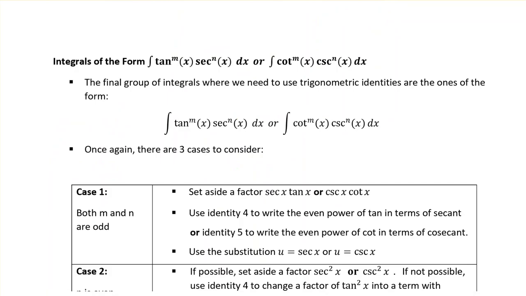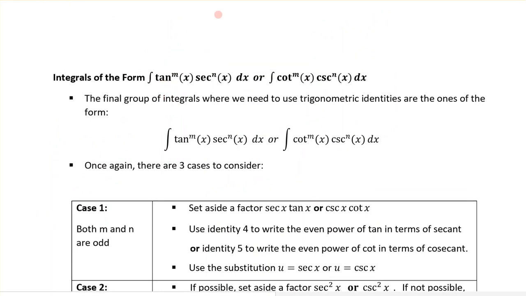Similarly, we have another group of integrals in which we have tangent and secant, or cotangent and cosecant. Since we know that sine squared x plus cosine squared x is equal to 1, if I just divide the whole thing by cosine squared, I get tangent squared x plus 1 is equal to secant squared x.